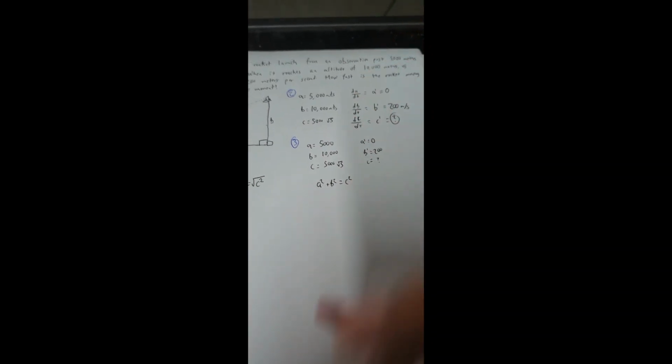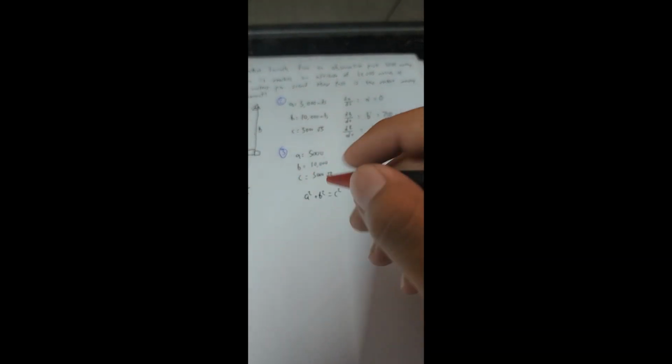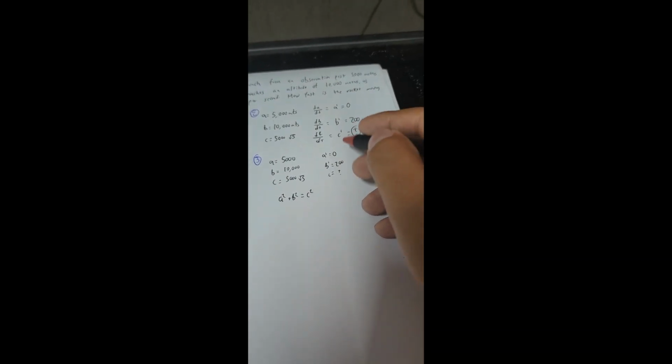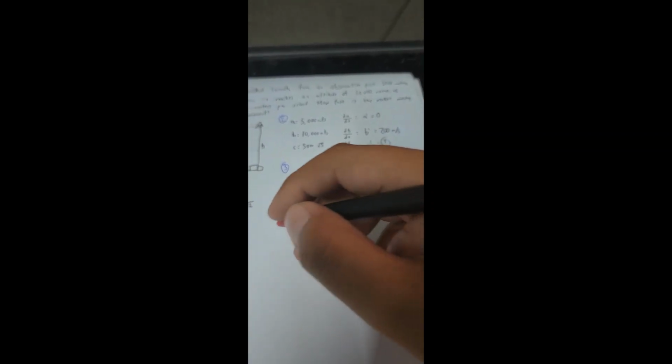Now that we have all this stuff, now the fun begins. We need calculus. We differentiate the equation with respect to time, to find the rate of C. Let's write something here. Now we are gonna differentiate this one.